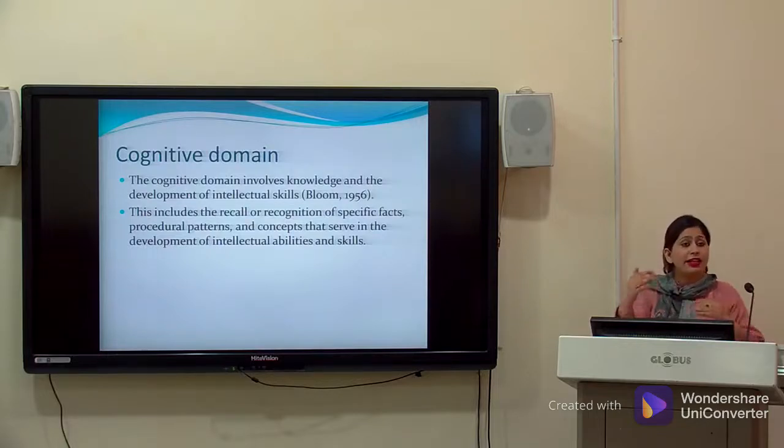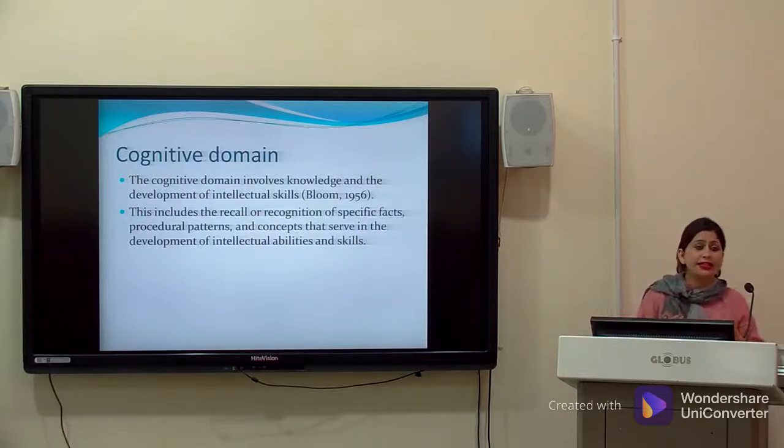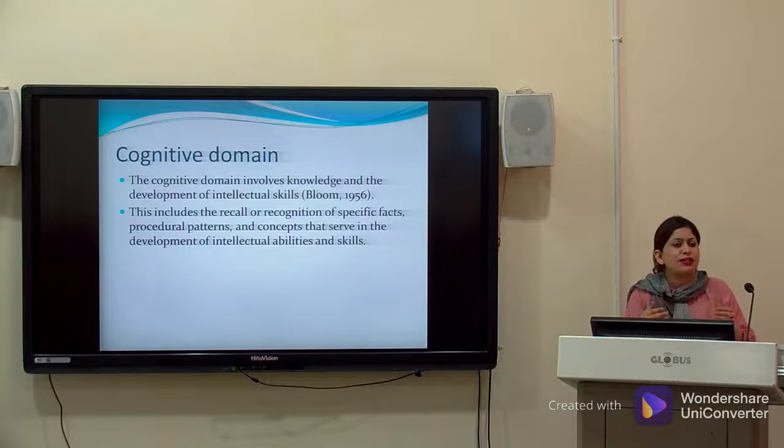So this domain involves both acquiring knowledge and the development of cognitive mental abilities, and those abilities can range from lower to higher. At the lower level, we have simple basics, just to understand something, just knowledge. Then to comprehend, it starts with knowledge, the lower level of thinking, the understanding part, and the application part.